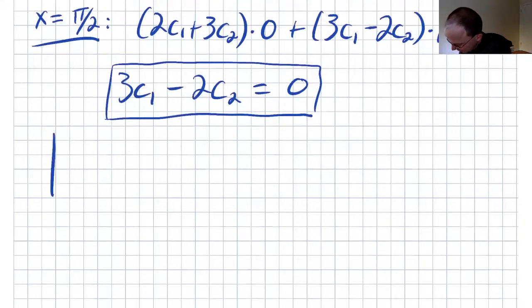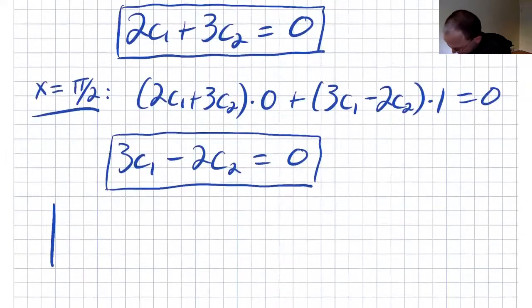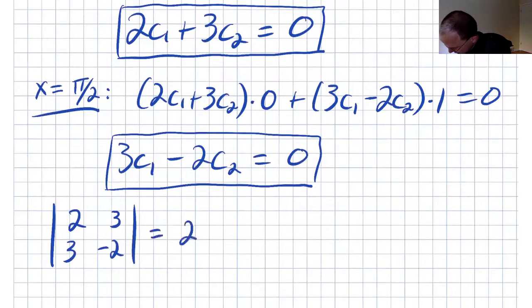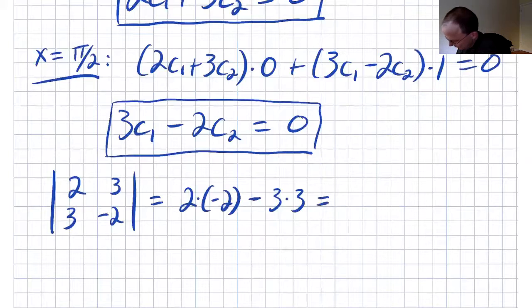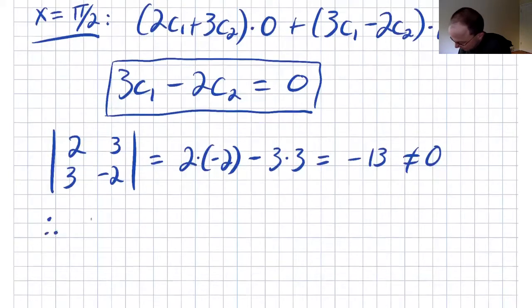So let's do that. What is the determinant of this linear system, 2, 3, 3, minus 2? This is going to be 2 times negative 2 minus 3 times 3. And what do we get? That'll be negative 4 minus 9, so negative 13. That is not 0. So therefore, c1 and c2 have to be 0.